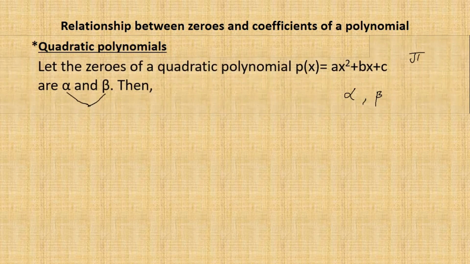Alpha and beta are the zeros of this second degree polynomial, and a, b, c are the coefficients. A is the coefficient of x square, b is the coefficient of x, and c is the coefficient of x raised to 0. We can also say that c is the constant term because x raised to 0 is 1.